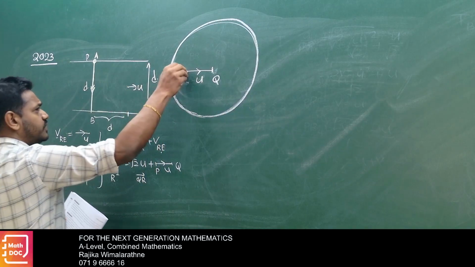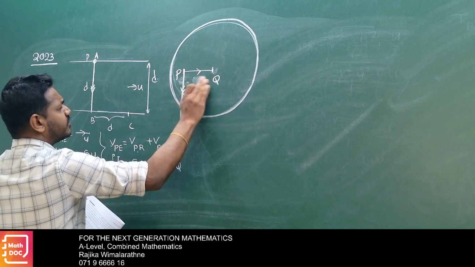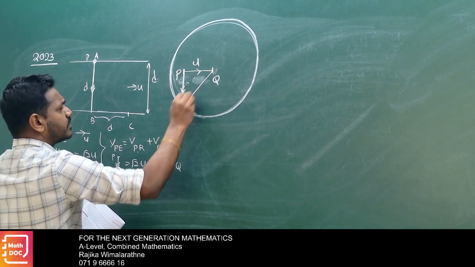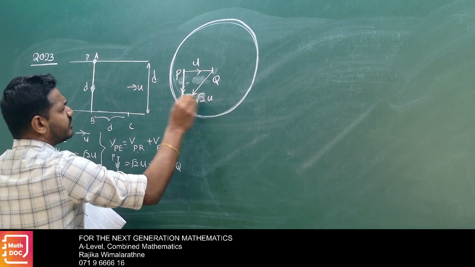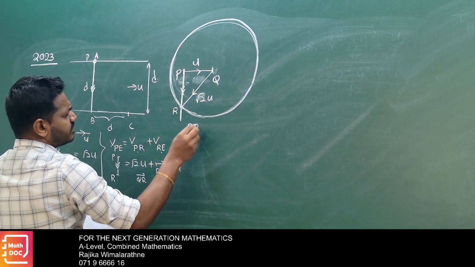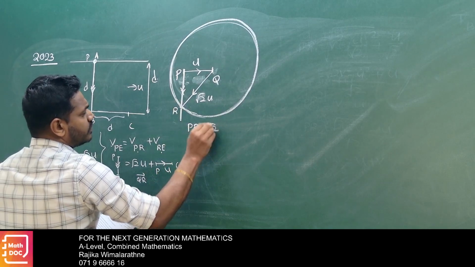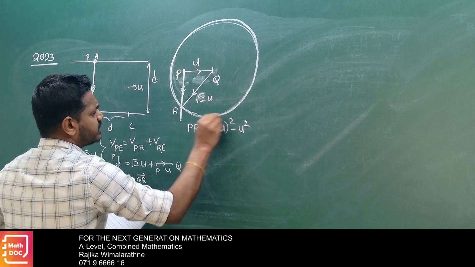Then PR needs to move perpendicular to the bank, A to B. Here root 2u. Then PR is the square root of root 2u squared minus u squared, that is u.